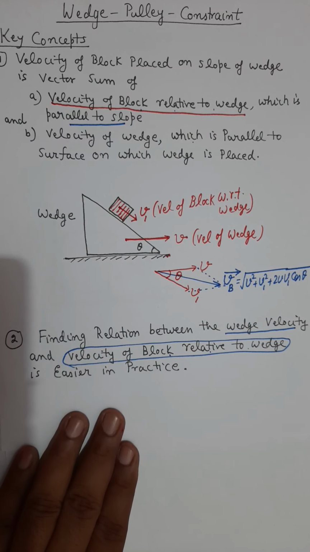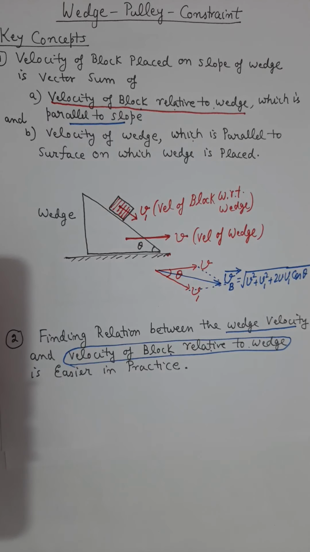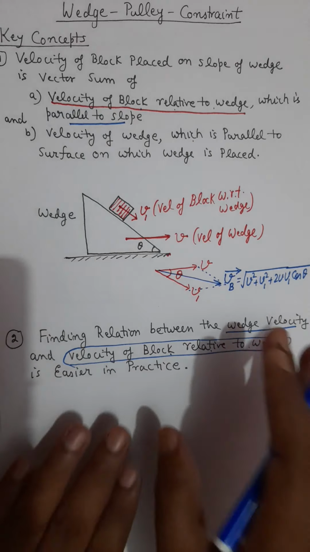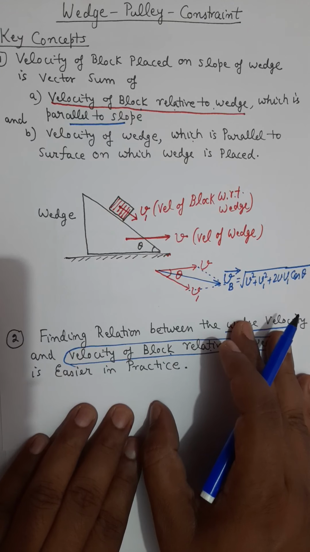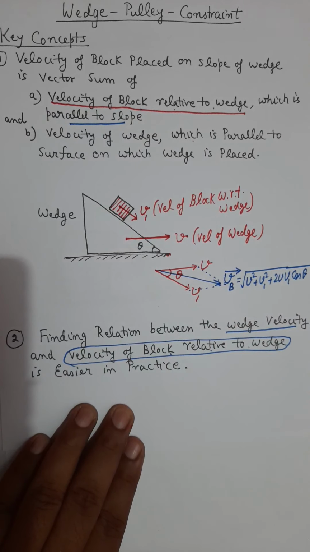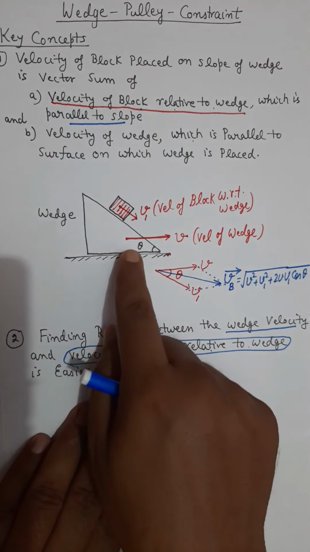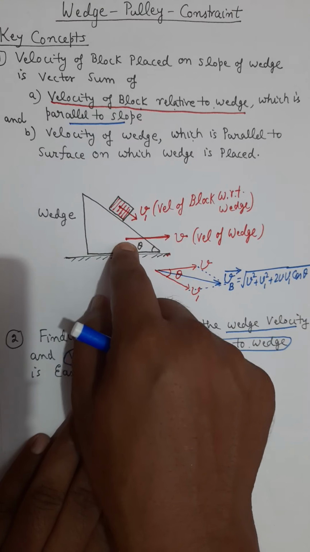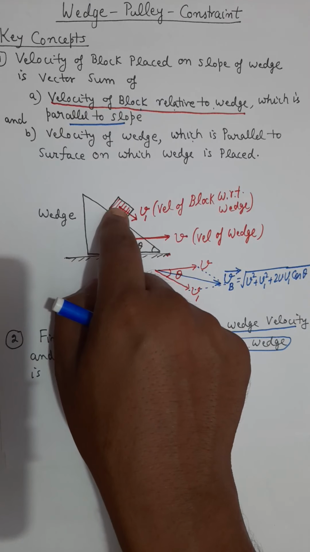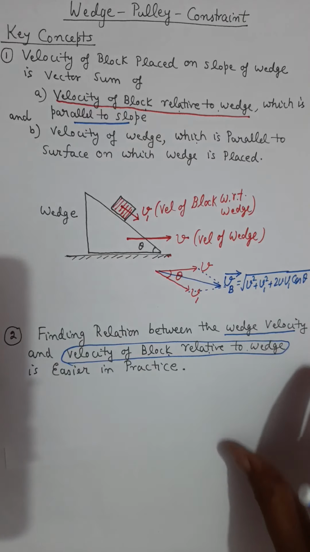In practice, it is easier to find a constraint equation between these two velocities. Instead of finding a constraint equation between the absolute velocities, it is always easier to establish a relation between the absolute velocity of the wedge and the relative velocity of the block.